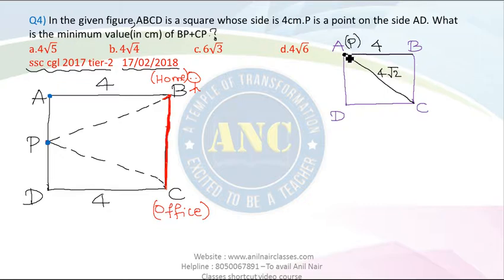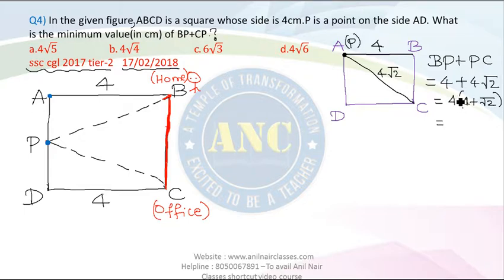That means if point P is exactly coinciding with point A, then the distance I need to travel, BP plus PC, is equal to 4 plus 4 root 2. If I take 4 common, it is 4 times (1 plus root 2). Root 2 value is 1.41. 1.41 plus 1 is 2.41.